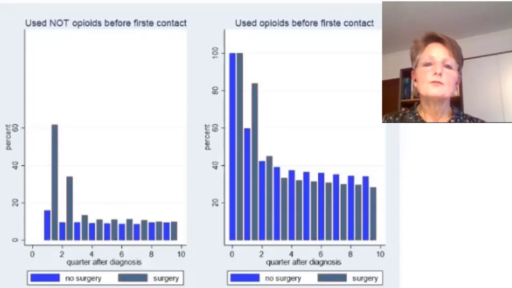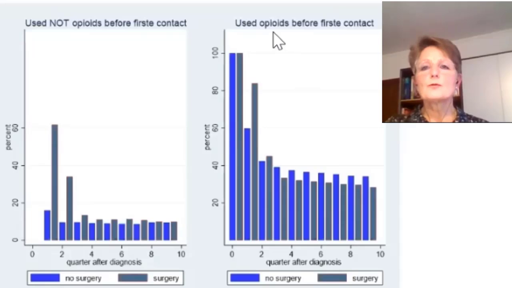At the left, you can see the group of patients who do not use opioids before they are referred to the spine center. And you can actually see that the patients, surgery or not, use opioids from the beginning and all the way through the following year.